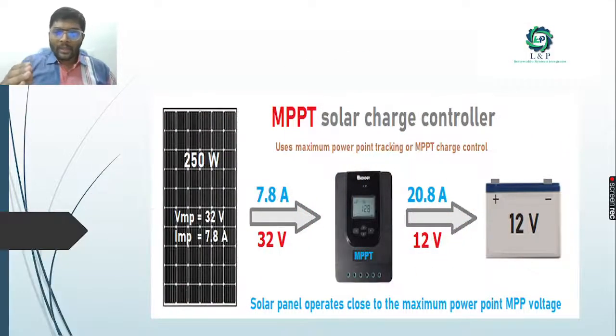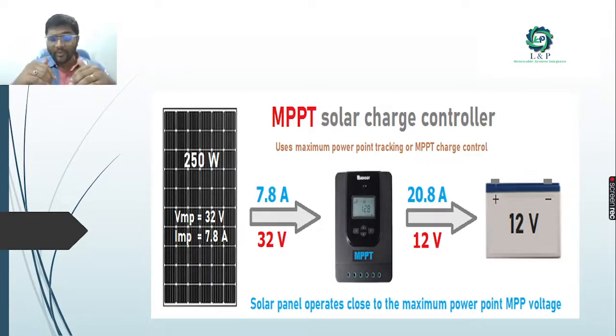See here, let me tell you with an example. If you go for an MPPT charge controller and connect it with a battery, you are going to charge your battery with the help of the solar power available from the solar panel through this MPPT solar charge controller. See here, we have a voltage of around 32 volts and a current of around 7.8 amps.